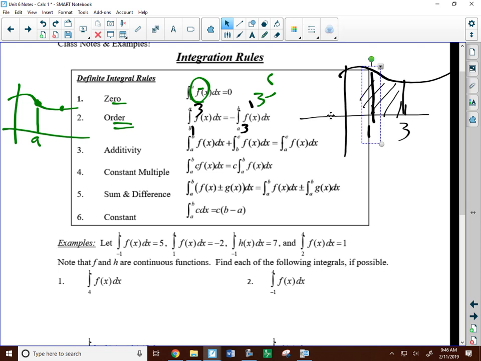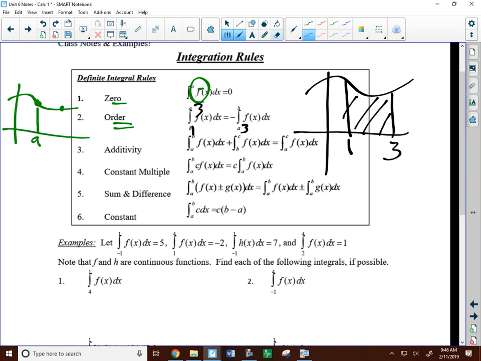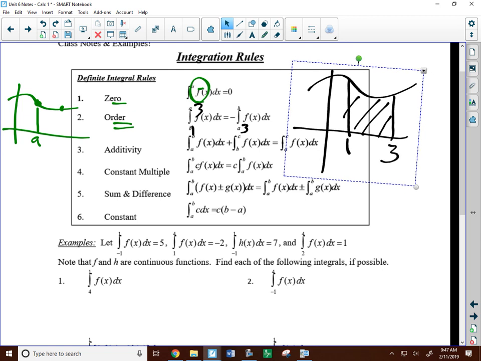All right, well, let's see if I can flip this one. All right, I'm going 1 to 3 now. I'm going to go 3 to 1. Okay. So we read left to right.